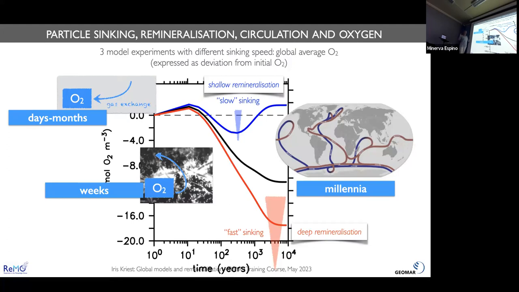So eventually, if we consider the entire ocean with its biogeochemistry as one system, there is some respiration going on in the mesopelagic, but it is quickly refueled from the atmosphere. Whereas if we have fast sinking, a lot of this demand on oxygen will be in the deep ocean, and this takes long time scales to see the atmosphere again.